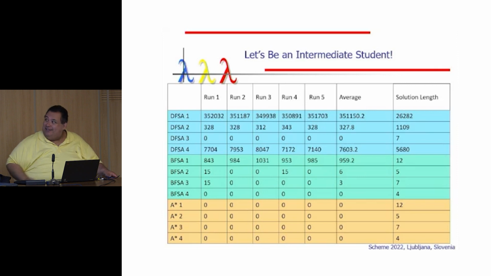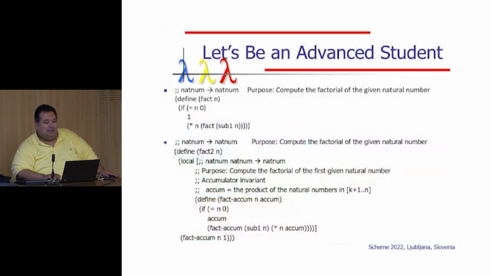And then they can see that breadth first search is usually faster, but not always. Sometimes depth first search is faster here. And then they see, but A star is the king. It just blows away everything else. And this, believe it or not, is exciting for students. Okay, and then we go into mutation.